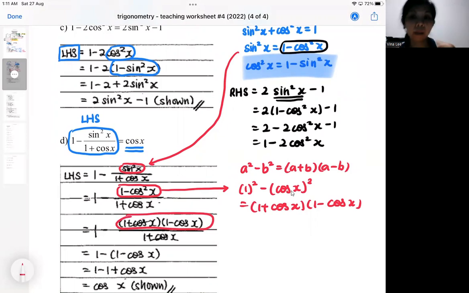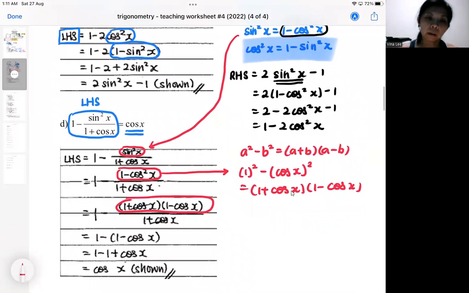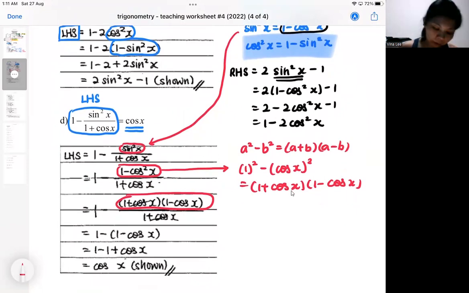So this is also a technique. A square minus b square factorization is also a technique. So after I do this factorization, I can cancel. That's why I'm left with this. And when I expand out, I'm left with a cosine.